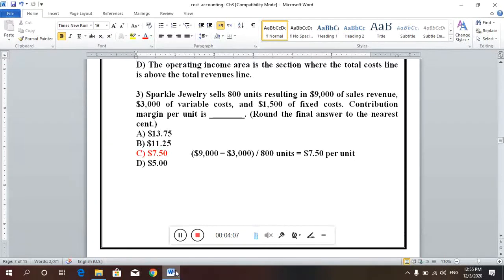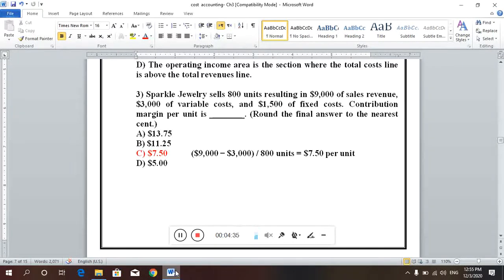Step 1, the total contribution margin equals total sales revenue minus total variable costs, which is $9,000 minus $3,000 equals $6,000. This is the total contribution margin.